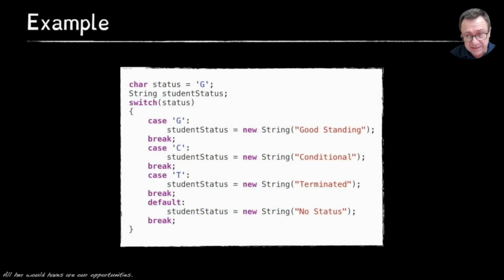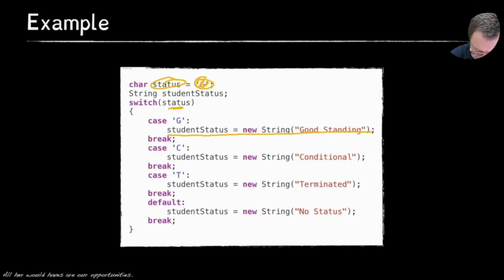Let's have a look at this in Java. So I've created a char and I've given it a value g, and I've got string student status, and now I do switch on status and I say case g. So if status has a value of a capital G, this line of code is executed. And in this case it does, because we've defined it there.